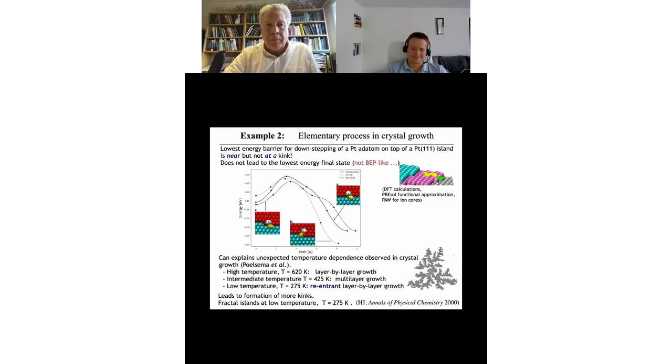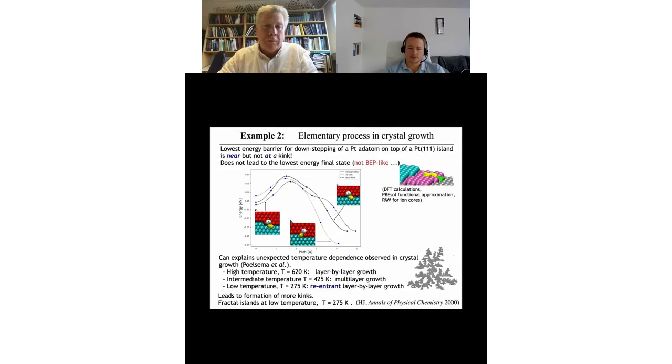Okay, here's another example. This is related to crystal growth, where a key issue is what happens to an atom that lands on top of an island. Is it able to get down to the growing layer, or is it going to end up nucleating a new island on top of the island, thereby promoting three-dimensional growth rather than layer-by-layer growth? And here we've done a lot of calculations on these kinds of things, for instance, on platinum crystal growth.